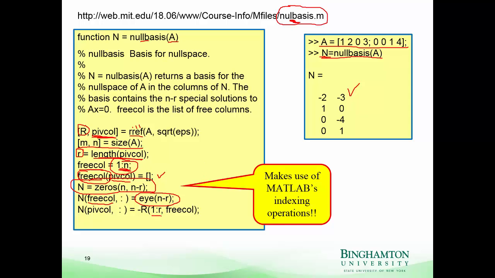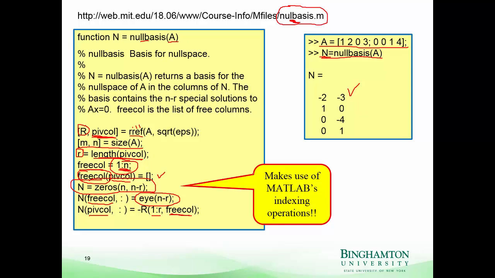So we're going to grab the first r rows, and which columns do we grab? Those that we said were the free columns. So that's exactly what we did. The entries in the free column positions here go into the pivot column positions of N. And then we're done. And so that's pretty cool.